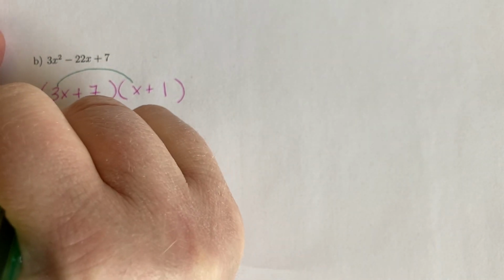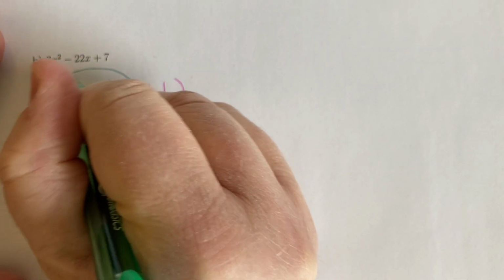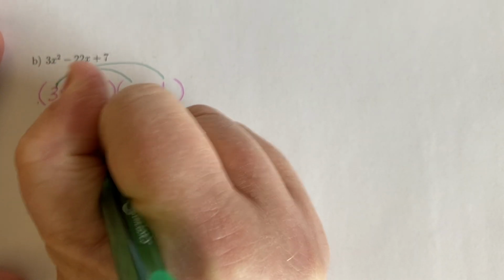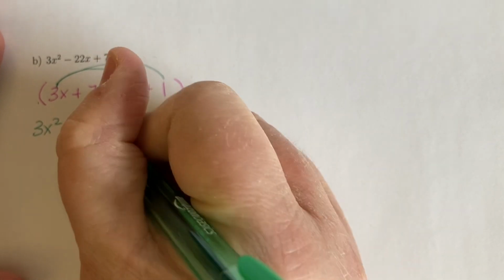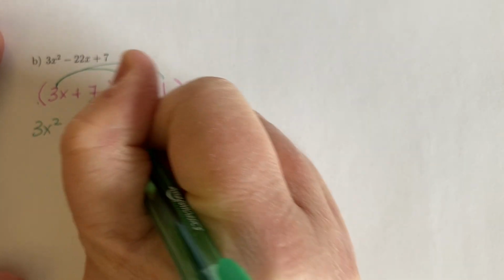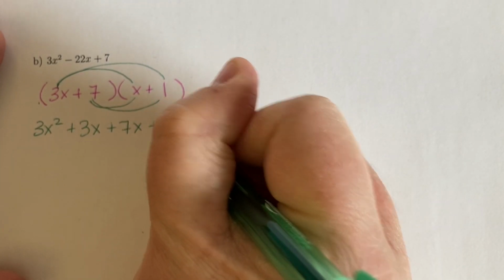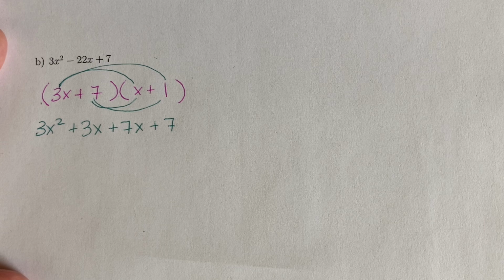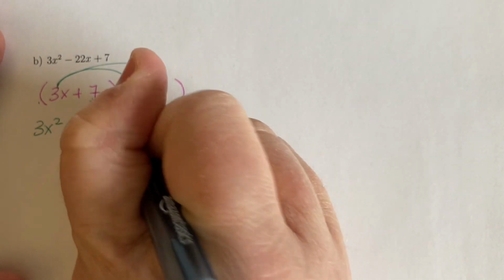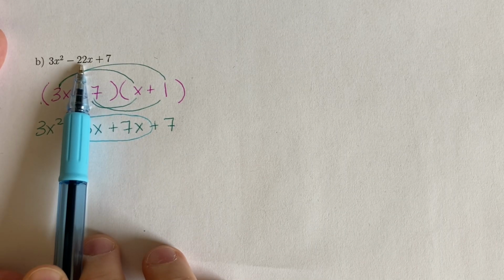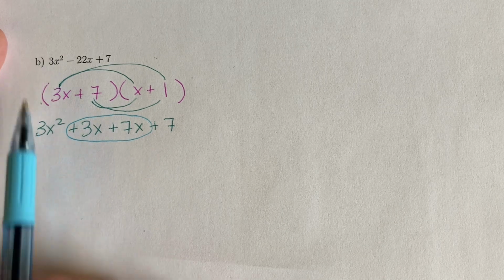So we're multiplying 3x times x is 3x squared. 3x times 1 is plus 3x. 7 times x is plus 7x. 7 times 1 is plus 7. Now we're supposed to get a middle of negative 22, right? I designed it so I'd get the 3x squared and the 7.